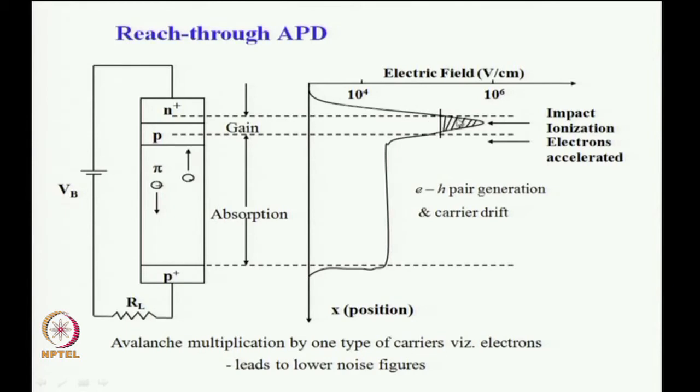So, the electric field drops down further, and in the pi region there are both negatively and positively charged immobile ions, and therefore the electric field almost remains constant in this region as you integrate rho dx.